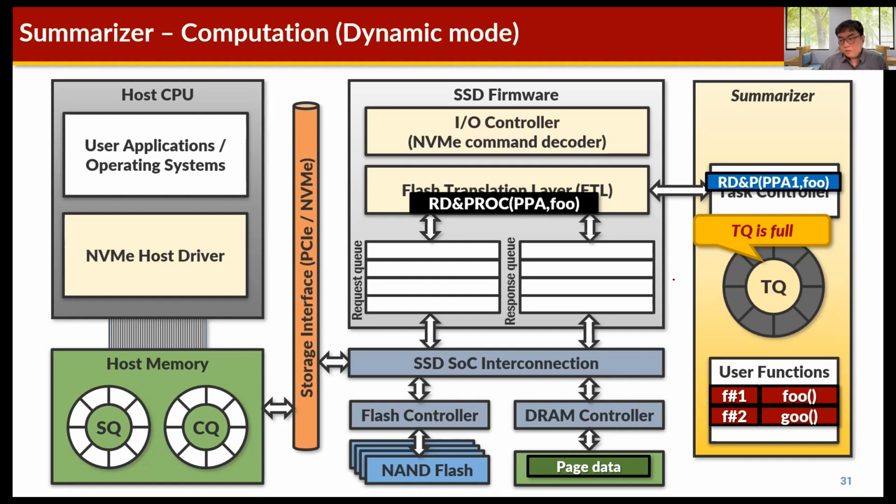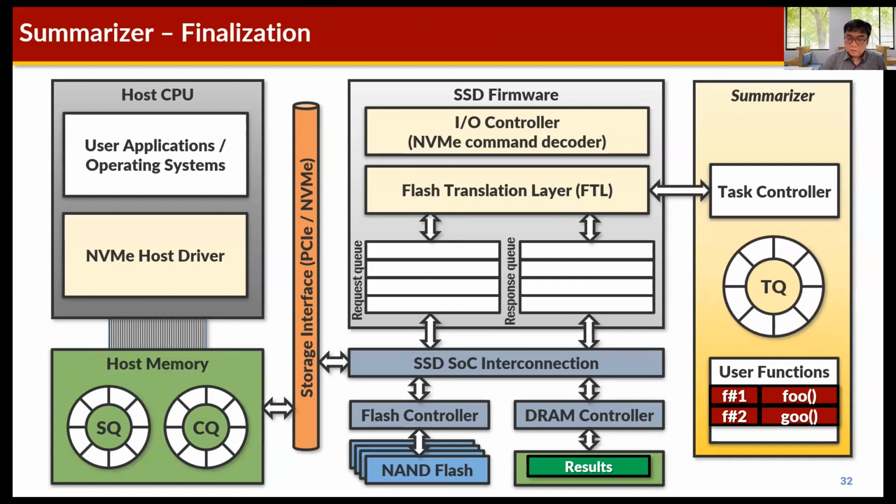If the TQ, the task queue, is full, then the summarizer just returns the normal completion code. In this case, the page data is returned to the host CPU, so this page data can be processed by the host CPUs. This is the dynamic computation mode.